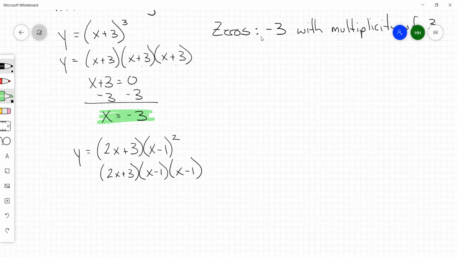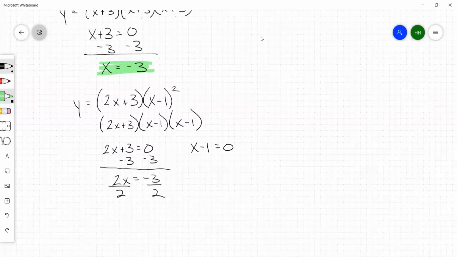So we set the factors equal to 0. So we get a 2x plus 3 equals 0. X minus 1 equals 0. So subtract 3 here. 2x is equal to negative 3, and then divide by 2. X is equal to negative 3 over 2.